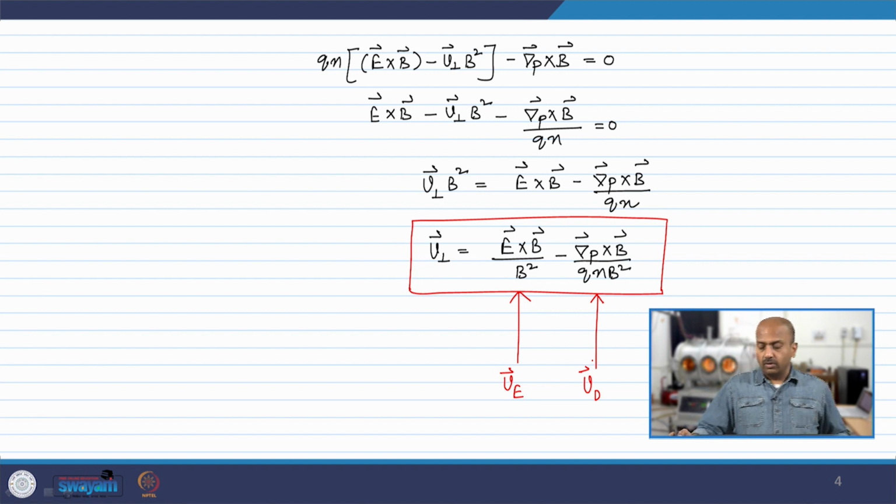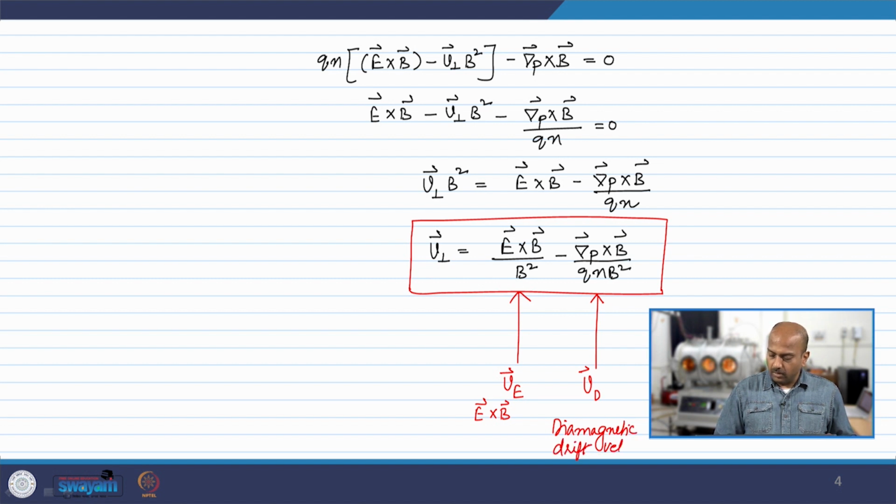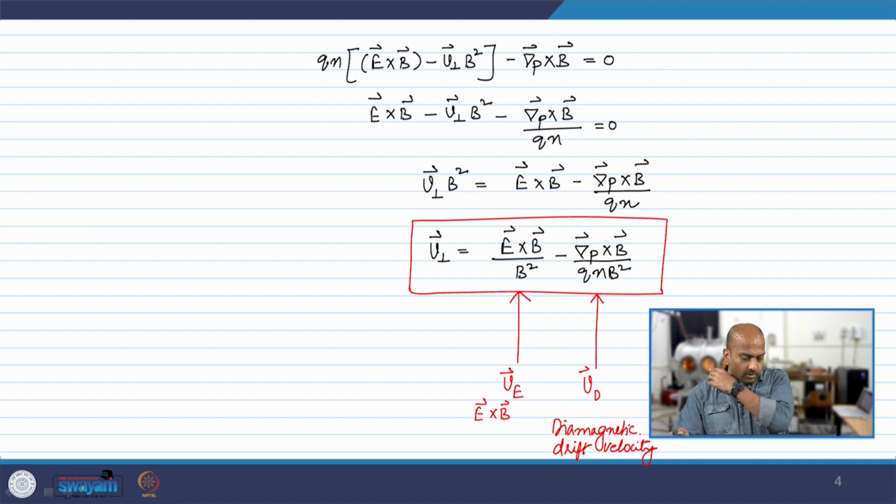We may have referred to v d itself as the E cross B drift velocity, but we are slightly changing the notation here. v e is the E cross B drift velocity, v d from here onwards is going to be called the diamagnetic drift velocity. v d is called the diamagnetic drift velocity.